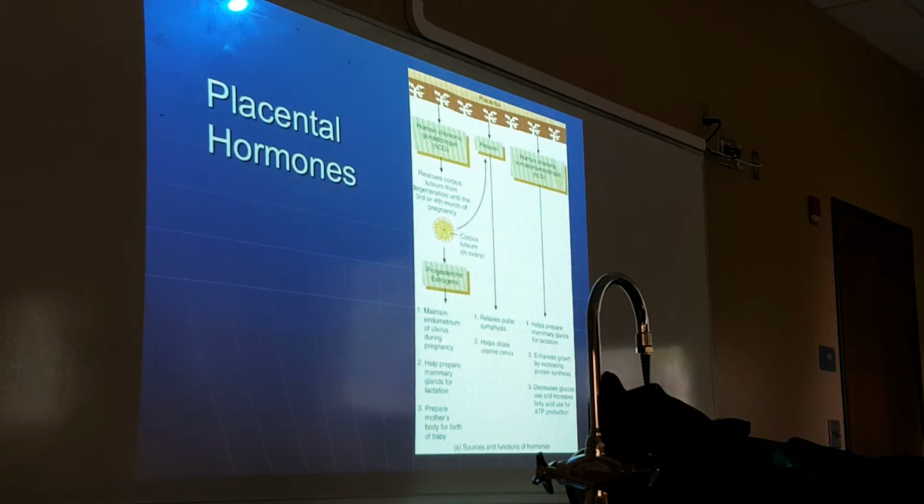And so, very important hormones of the placenta that you need to know about. One we've talked about already, human chorionic gonadotropin. Okay? It rescues the corpus luteum from degeneration until the 3rd or 4th month of pregnancy, at which time the placenta can take over and produce hormones.